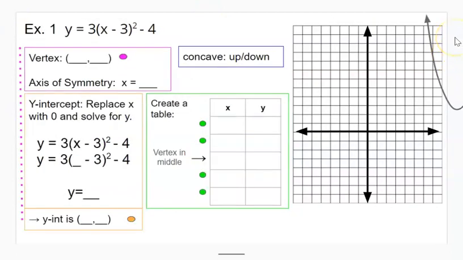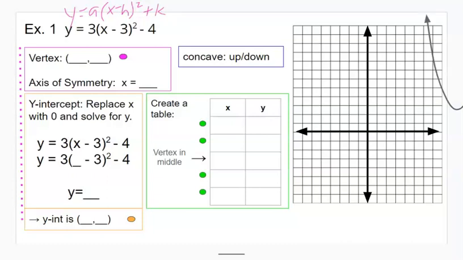All right, so now we are going to use the vertex form to graph a quadratic function. So the first step is to identify that vertex. We have y equals positive 3 times the quantity x minus 3 squared minus 4.